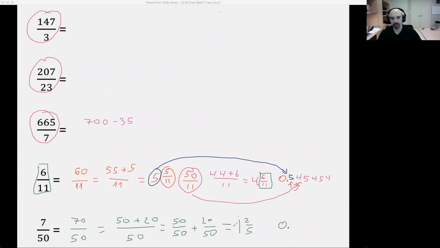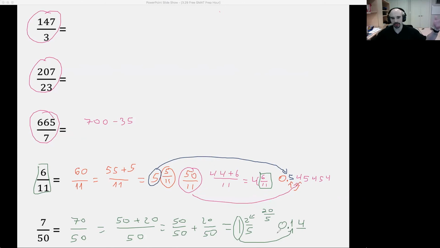So I'm going to take that 1, put it here, and now I have to deal with the 2/5, and whatever I get from there will go here in the second space after the decimal. So I'm going to do the same trick. I'm going to give this 2 a factor of 10. So this turns into 20/5, which is 4. So there goes the 4. And ladies and gentlemen, we are done.